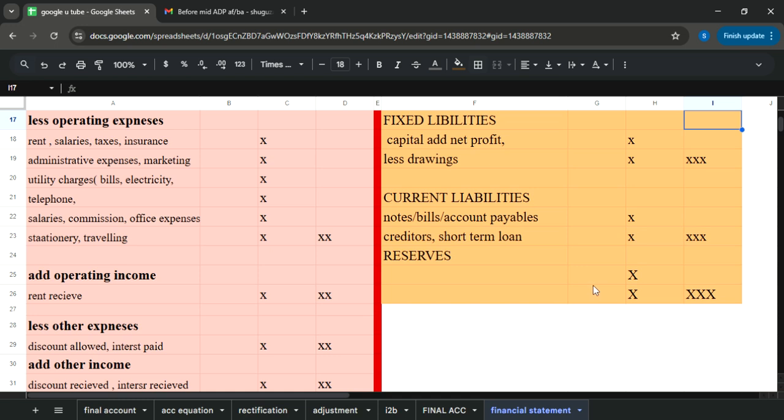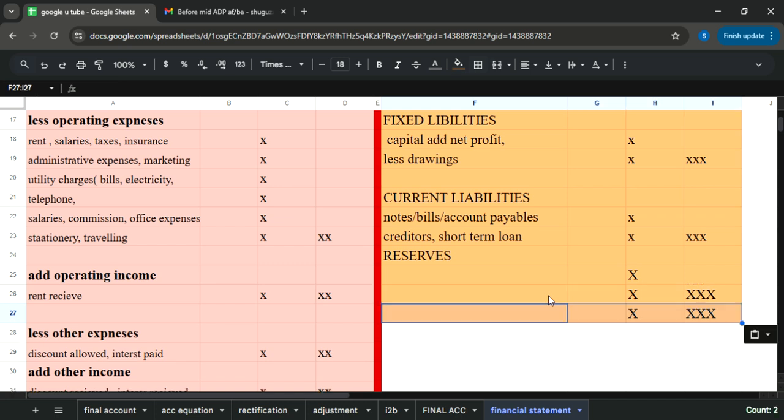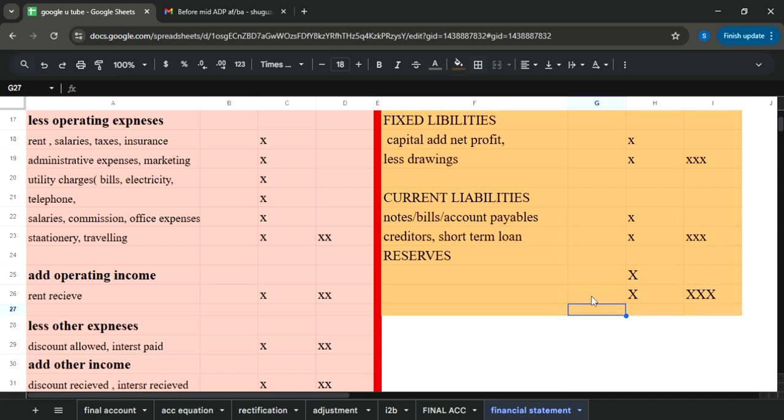After that, one more line we will create at this stage, and at last of the column you will take sum of fixed liabilities, current liabilities, and reserves, and you will mention over here at this place.